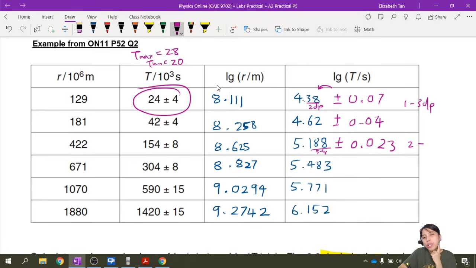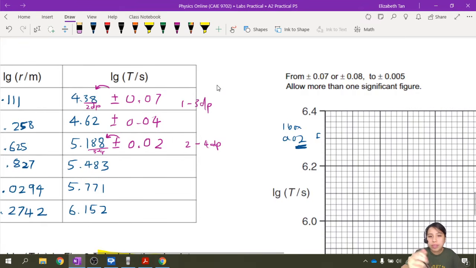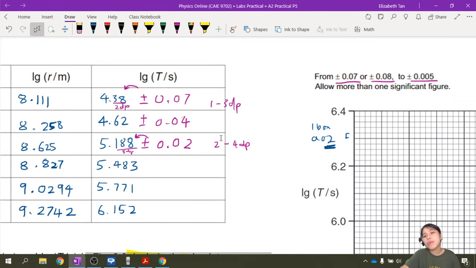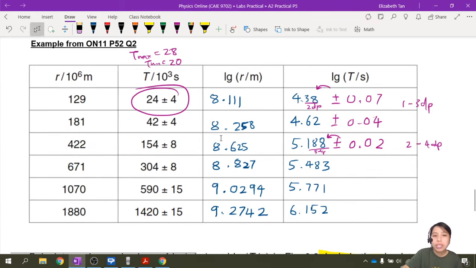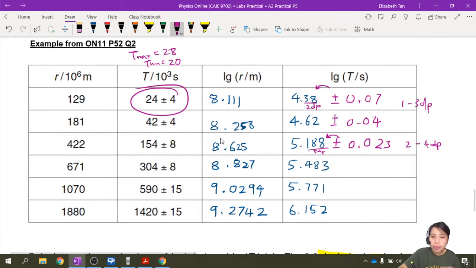So this one, 2 to 4 dp is okay, because it's close following your value. 0.02 also can. You don't want to write this one, also can. They don't care. You look at the mark scheme. 0.07, 0.08, 0.05. Somewhere there, then they're okay. Allow more than one SF. The one SF rule is from paper 3. So if you have more than one, you write like this, also okay.